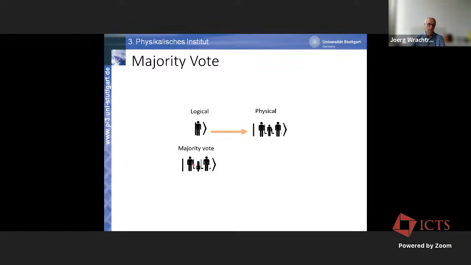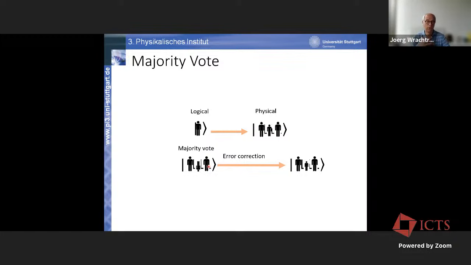You ask, what is the average orientation of the quantum state? And the answer is, because you have these 2 adults and the one kid is standing upside down, the average orientation is upside down, or the majority orientation, not the average, but the majority orientation. And this you take then as measurement result and correct the orientation of the qubit.